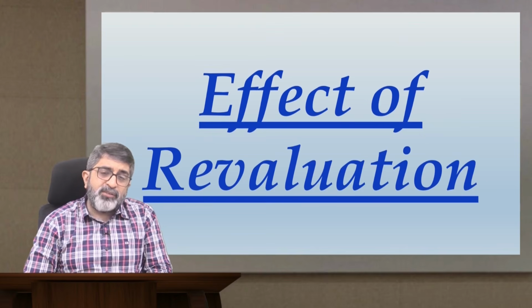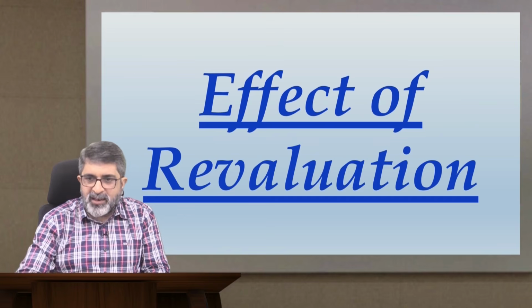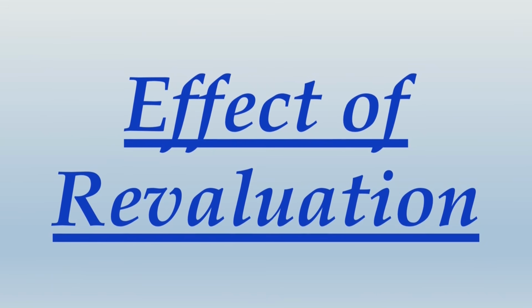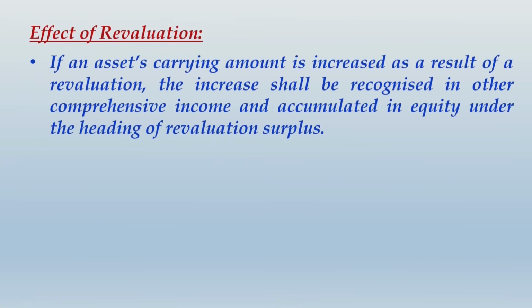All this is very, very important. What I have explained, you need to write it down systematically. That will be written under the heading effect of revaluation. So I am sure you have written this heading effect of revaluation, and under this heading you please write, if an asset's carrying amount is increased as a result of revaluation, the increase shall be recognized in other comprehensive income and accumulated in equity under the heading of revaluation surplus.